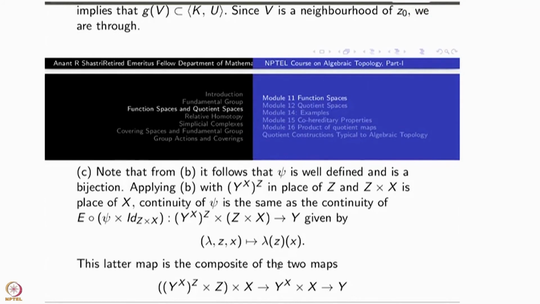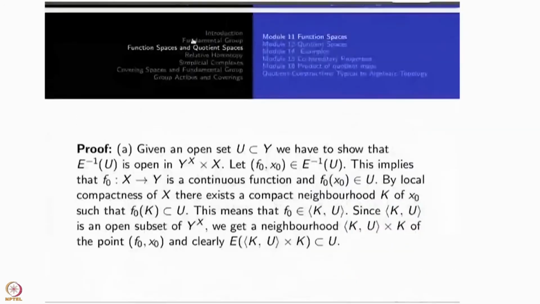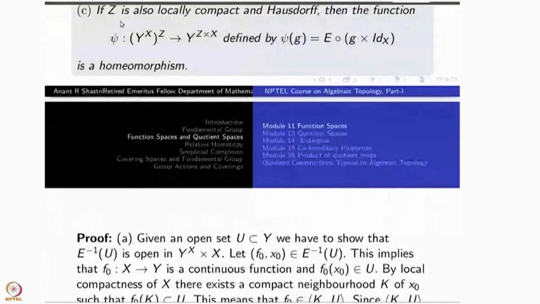Okay. From B, it follows that the map psi, how is it defined? Psi of G is E composite G cross identity. Whenever G is continuous, this is continuous, so you don't need B for that.